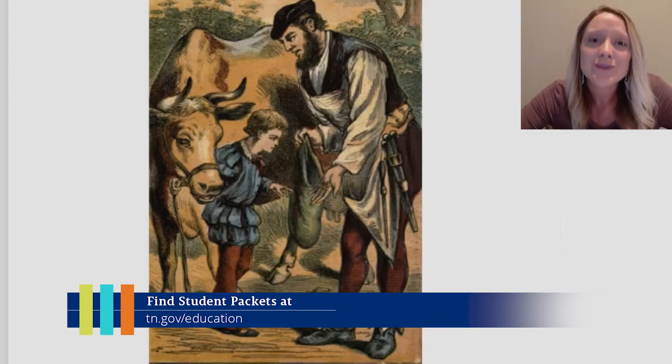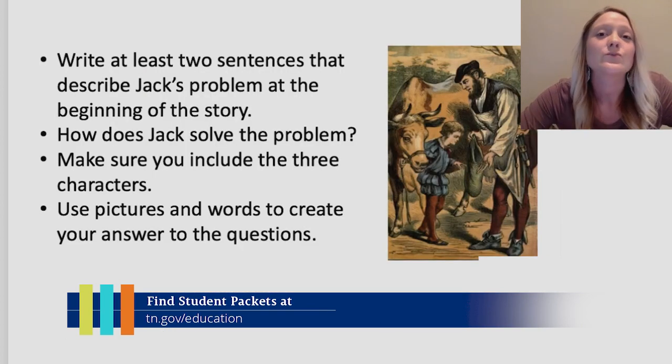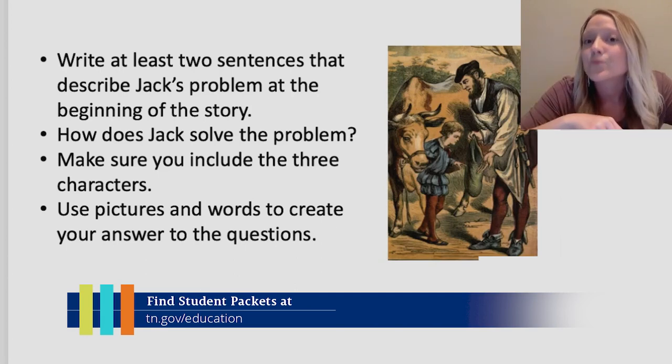Now, I think you guys are ready to work on your own today and show me that awesome independent work you can do. Today, I want you to write at least 2 sentences describing Jack's problem at the beginning of the story.